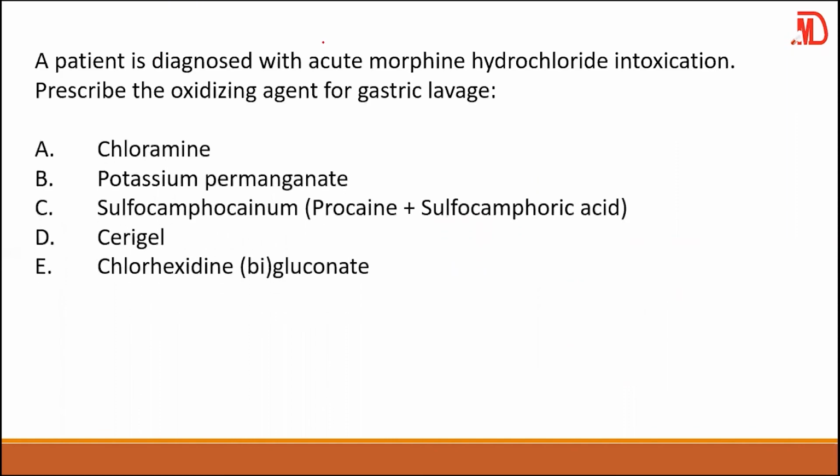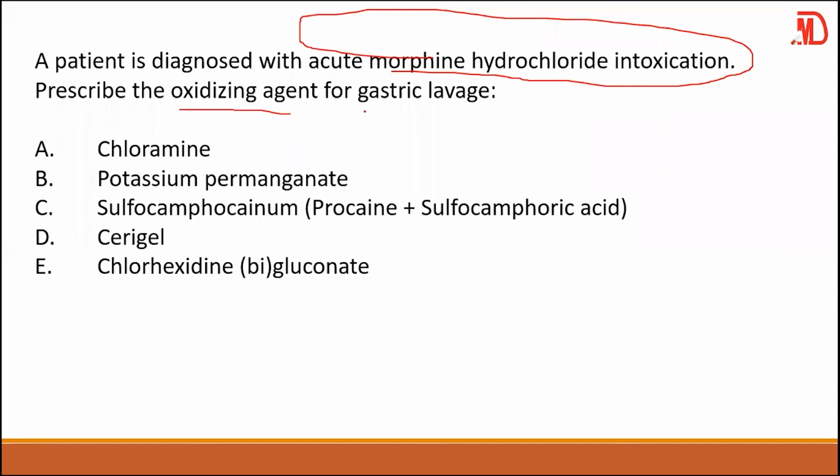A patient is diagnosed with acute morphine intoxication. Prescribed the oxidizing agent for gastric lavage. Gastric lavage. And usually you are looking at for what? For potassium permanganate. Usually it has this oxidizing agent.